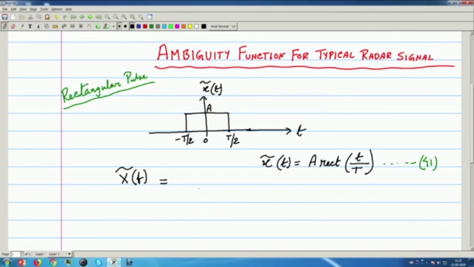It will be the integral from minus T by 2 to plus T by 2 of x(t) e to the power minus j 2 pi f t dt.